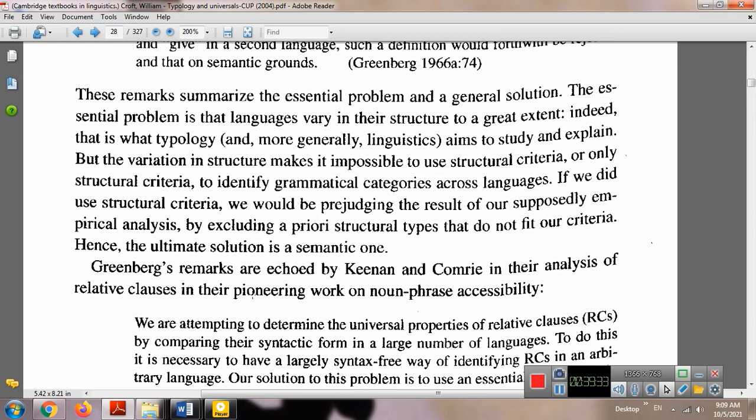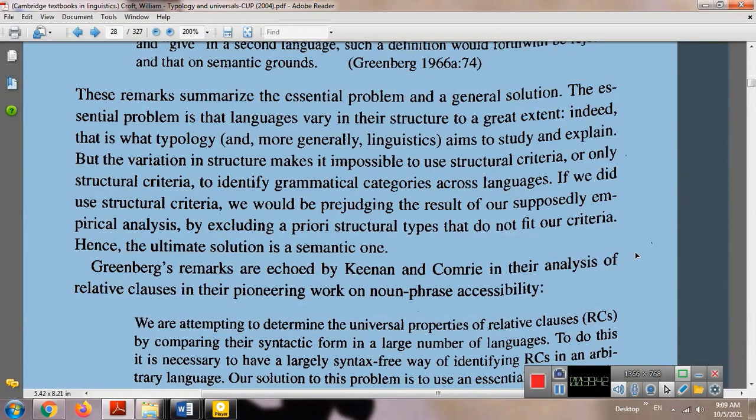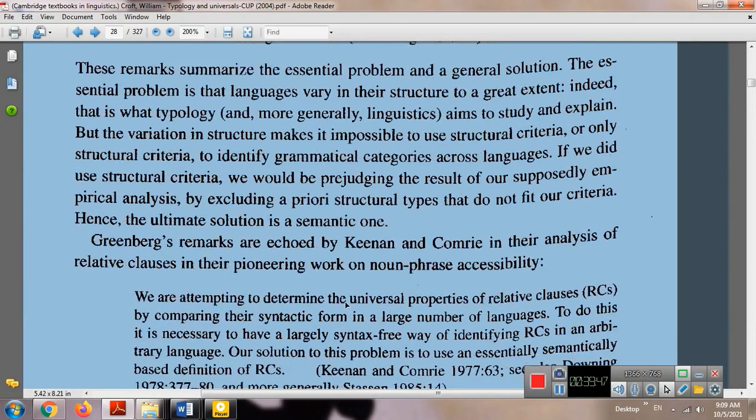Hence the ultimate solution is a semantic one. Okay, this is important and you should mention it in your summarization: what is the essential problem, what is its solution, which is that we can use the semantic.